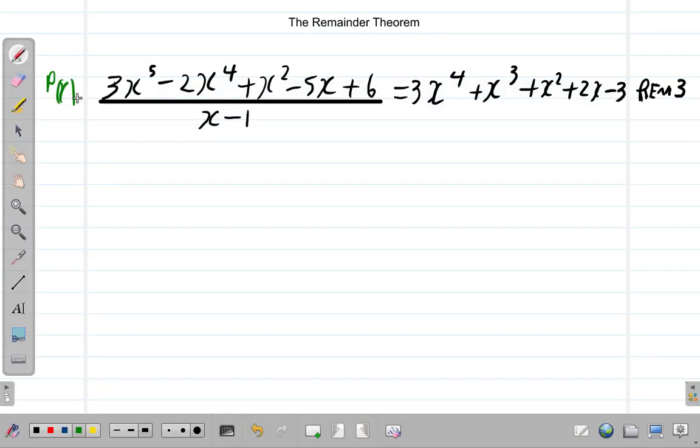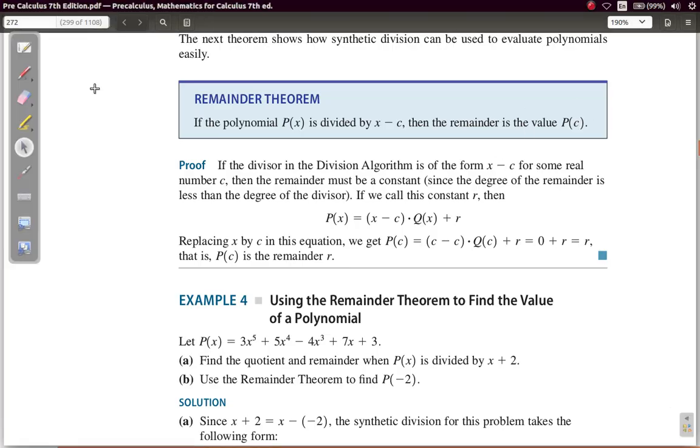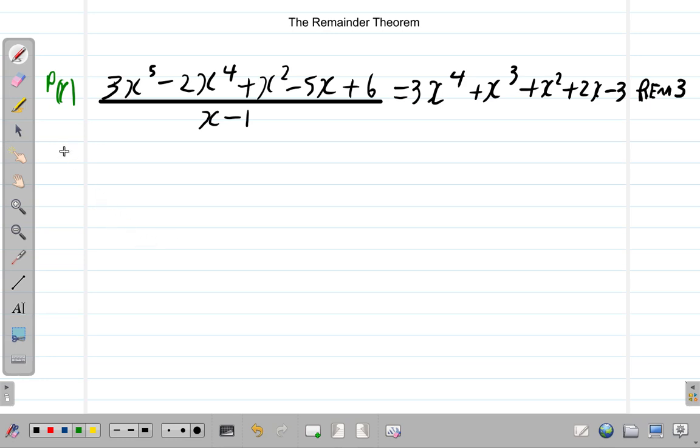Our p(x) here is divided by x minus 1. Then the remainder is p(c). So the remainder, in our case, must be equal to p(1).